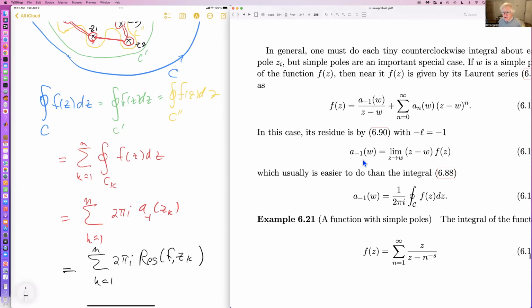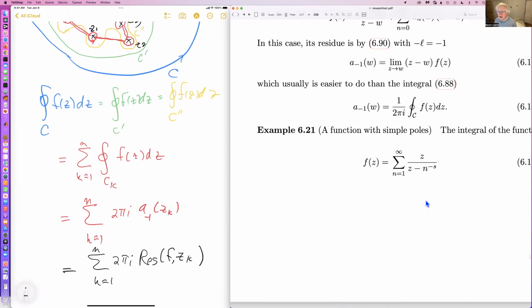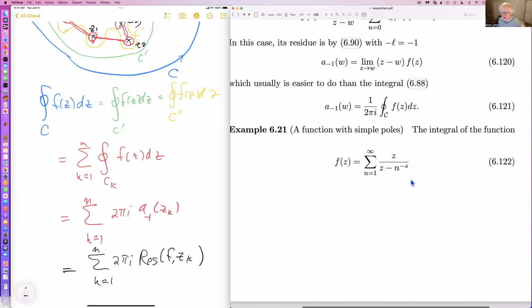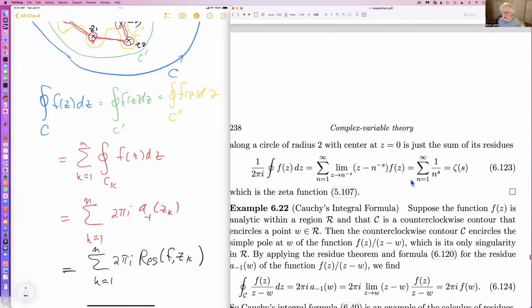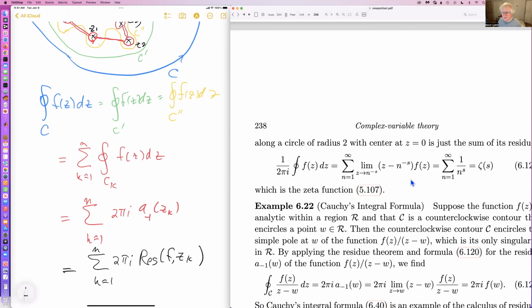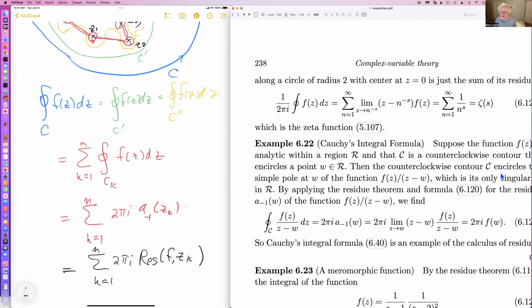And so a -1 of w is then the limit of z minus w times f of z as you let z go to w, and that's easier to do than actually doing the integral. Here's a function with simple poles, and it turns out to be the zeta function.